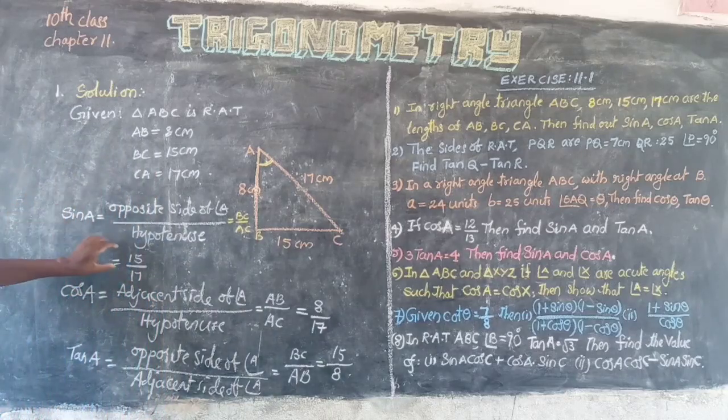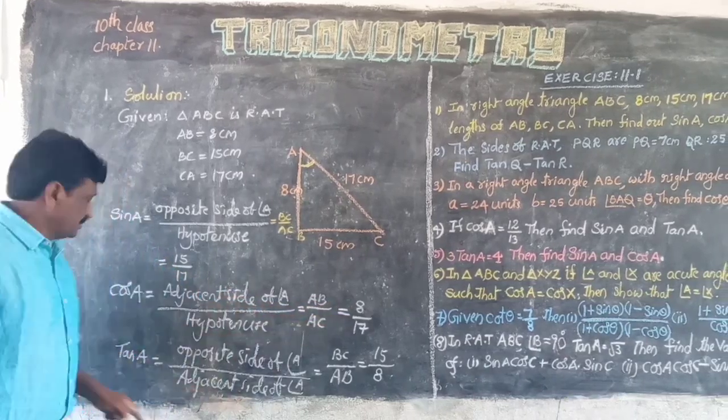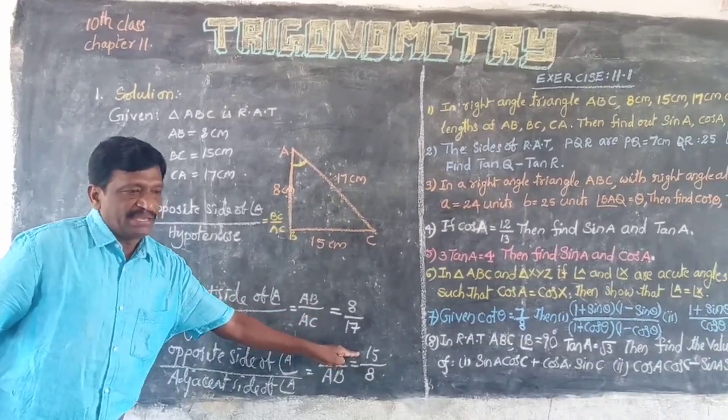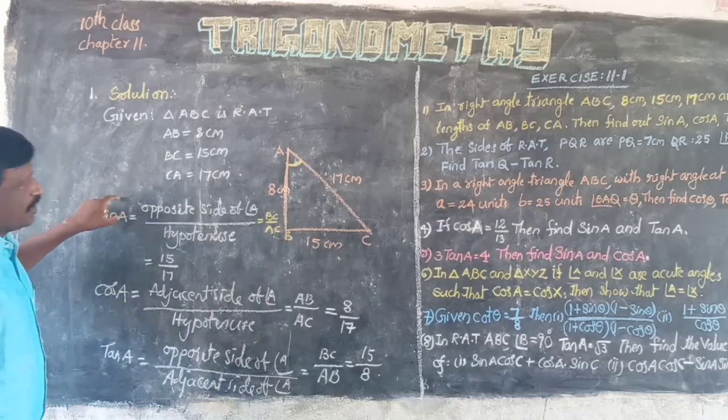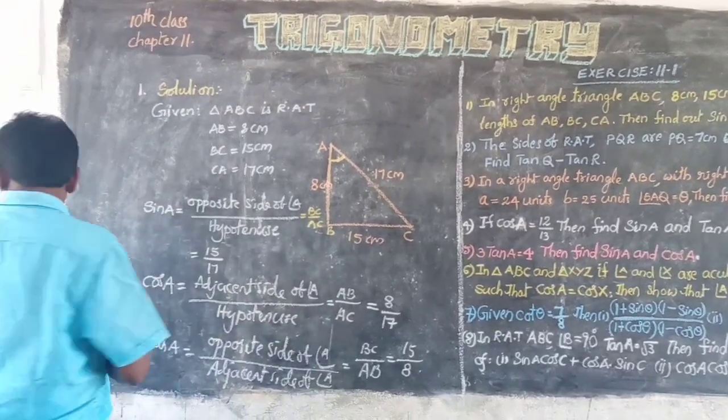So sin A is 15 by 17, cos A is 8 by 17, tan A is 15 by 8. This is the first sum solution. Next, second sum.